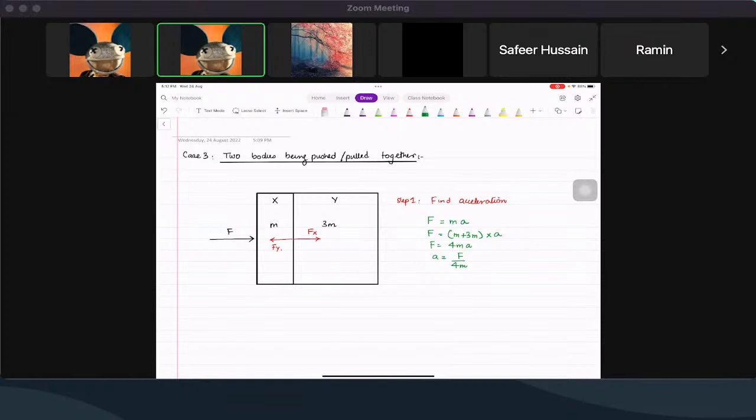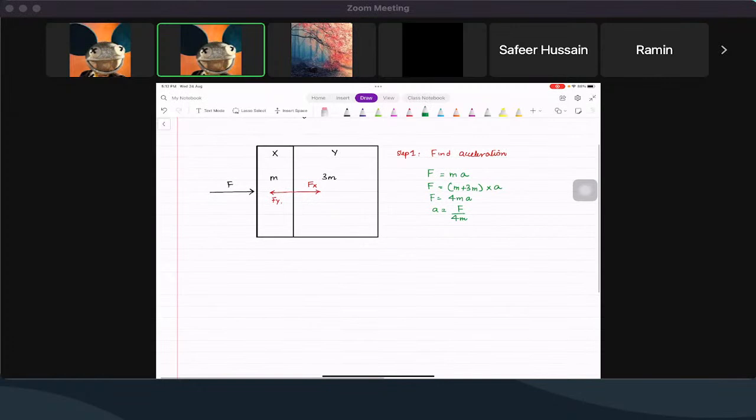Now you can pick any object, whether x or y does not really matter. So if you pick x, on x there are two forces acting. There is F and there is Fy.